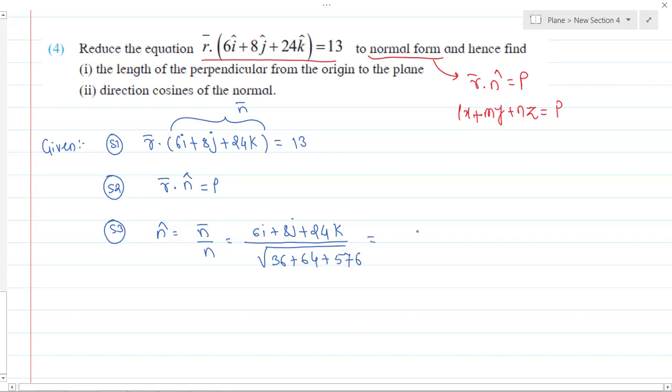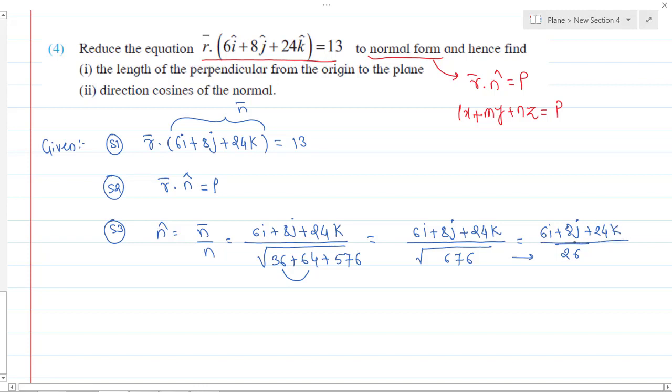So this equals 6i plus 8j plus 24k whole divided by root of, look, 36 plus 64 is 100, plus 576 becomes 676, and magically 676 is nothing but the square of 26. Okay, so it's 6i plus 8j plus 24k.